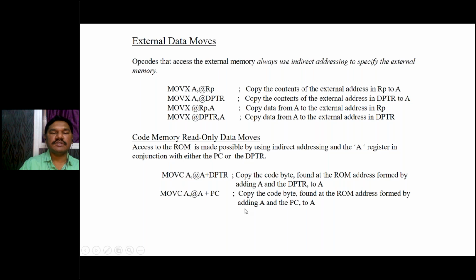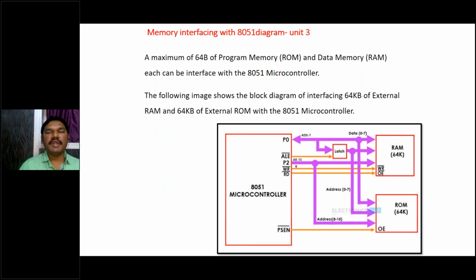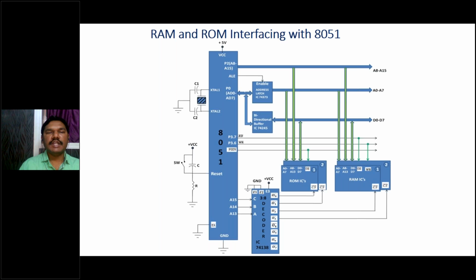PC helps us to give the address of the current instruction, which can be accessed by using @A+DPTR. So this is the memory interfacing, how memory can be interfaced with the 8051.